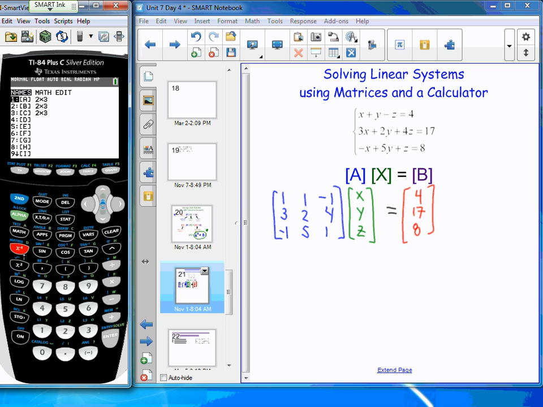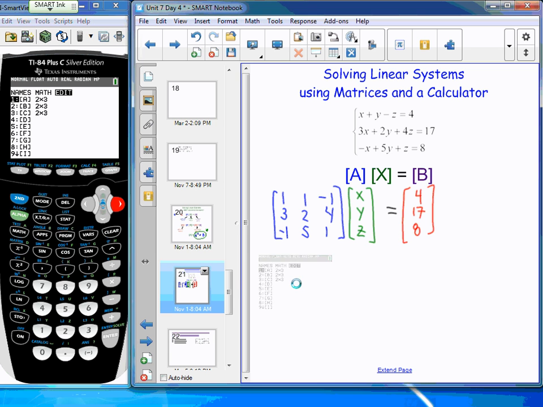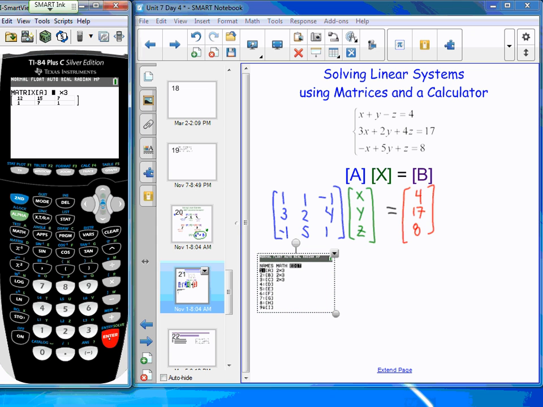And so in my matrix editor, I want to edit matrix A. Matrix A, however, I want to be what dimensions? 3 by 3. And so I have to change it to 3 by 3. And I'll do my coefficients in order from left to right. So 1, 1, -1. Everybody make your matrix A. 3, 2, 4. -1, 5, 1.